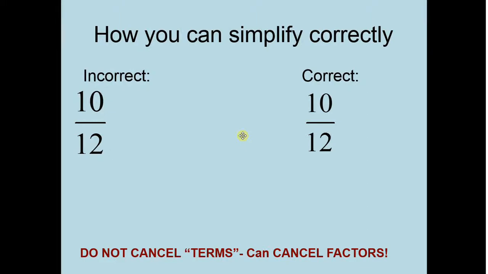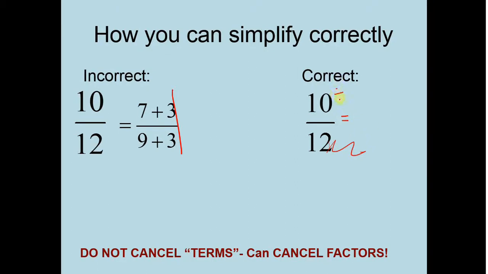So, 10 over 12. Technically, that's 7 plus 3 over 9 plus 3. Right? That would make sense. Can we legally cross out those 3's? No. How would you normally have simplified 10 over 12?